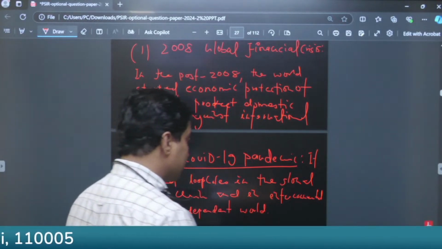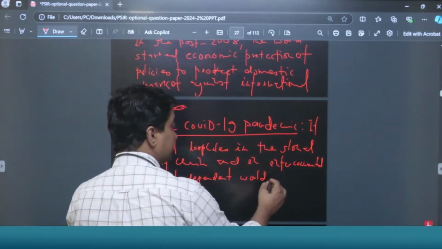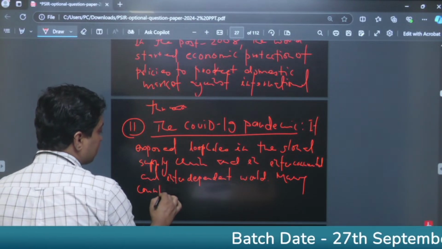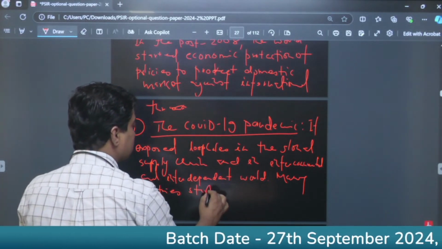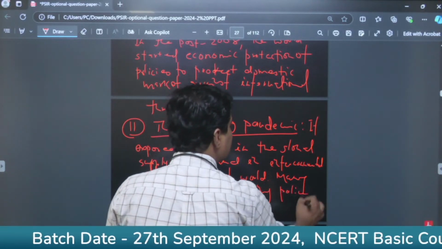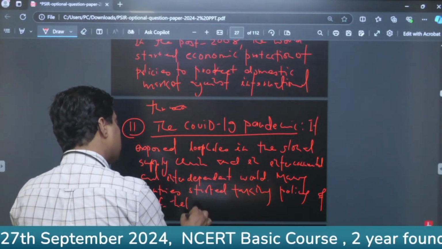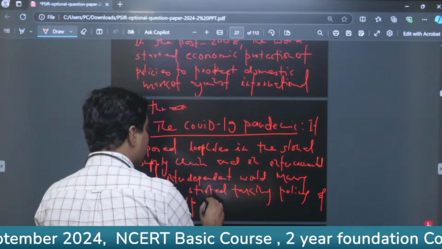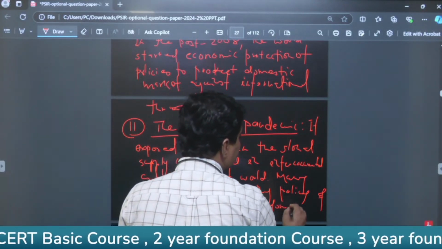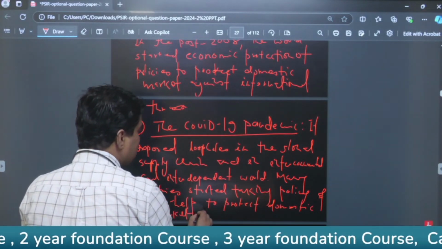Many countries of the world started taking a policy of self-help to protect the domestic market and health.